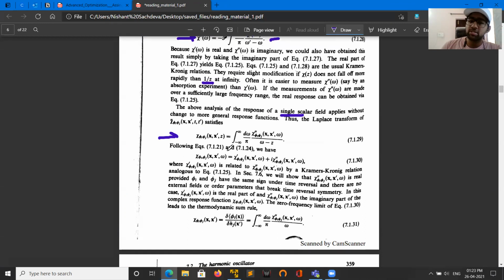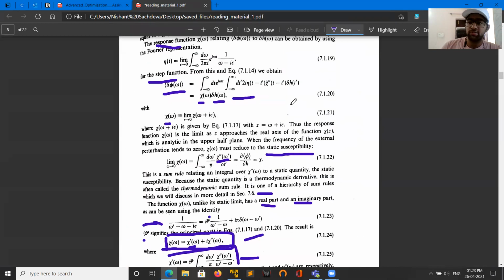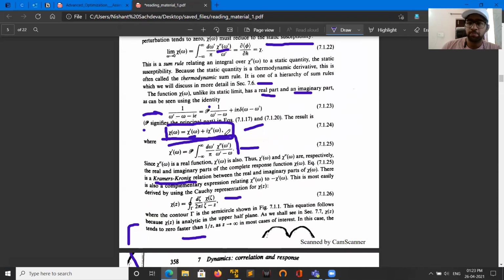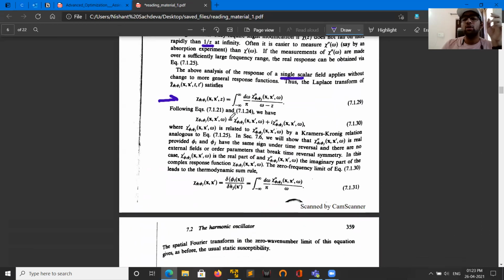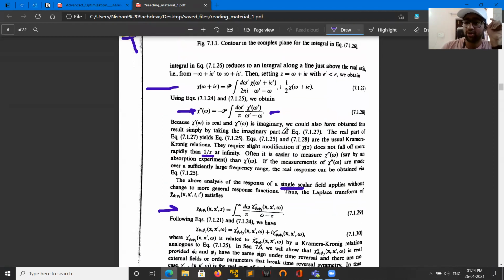Now, following equations 21 and 24, which we did here, and which keep coming up a lot, so be careful of that, we substitute the values and get these two equations, where x dash of phi i phi j is related to x double dash of phi i phi j by a Kramers-Kronig relation analogous to 7.1.25.